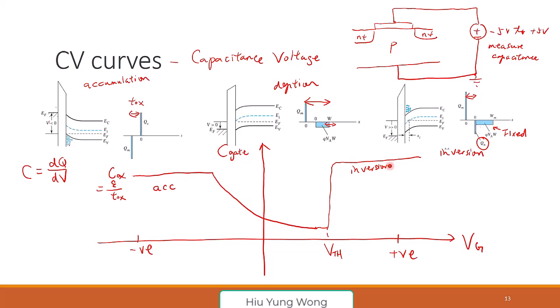This really depends on how far you put the positive and negative charge. You always put positive and negative charge. If they are very close to each other, then you have a large capacitance. If they are far away, then you have a small one. That is the main point. Again, you can solve the Poisson equation, but that takes a long time, so let's understand it this way. Any questions?